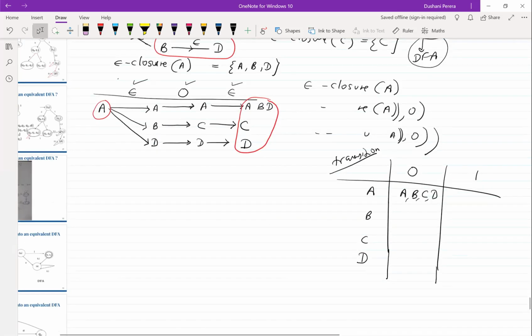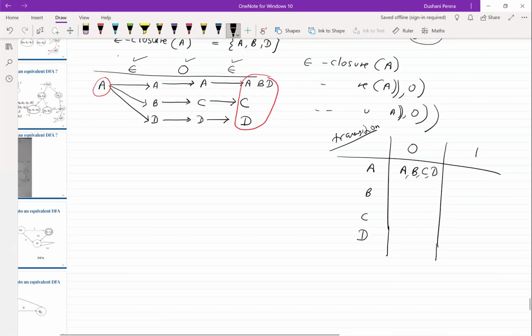Now let's do the same thing for A when I get alphabet 1. I'm going to check the E closure first. Now the alphabet is 1. For A, the E closure is A, B, and D, which I know now.